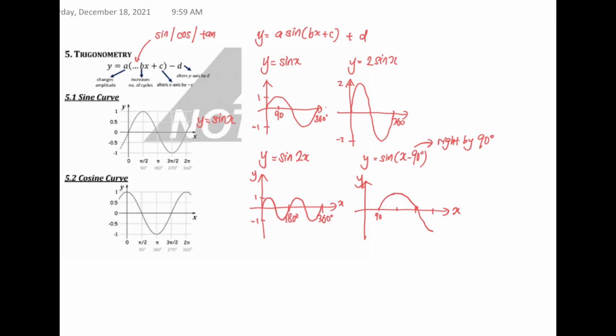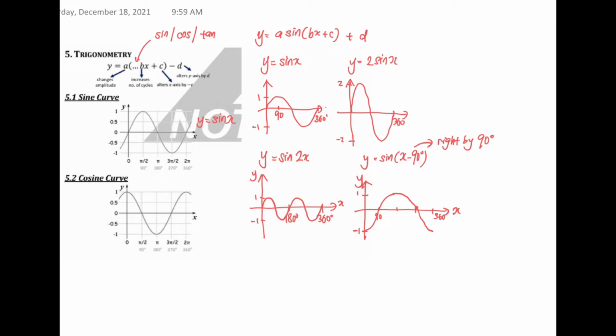After it reached 360, it reached the minimum and no more, so we have to draw accordingly on the other side. It is going to be like this: 1 and minus 1. What I am trying to say is it goes to the right by 90 degree. So you start at 90 degree and just draw the sine graph accordingly, and for the graph before it, you can just join up accordingly. So that is the graph of 90 degree.